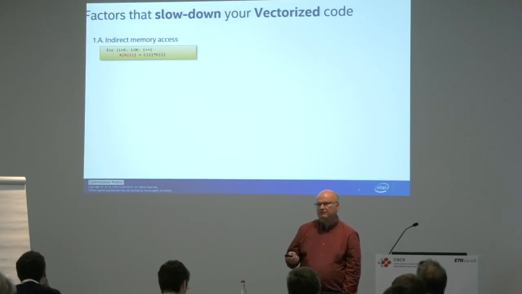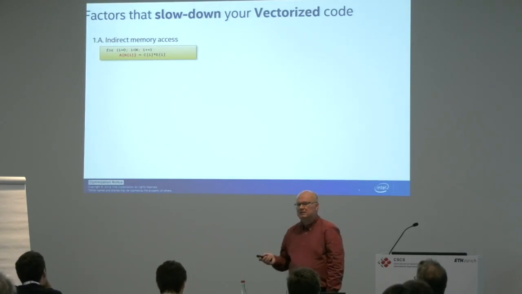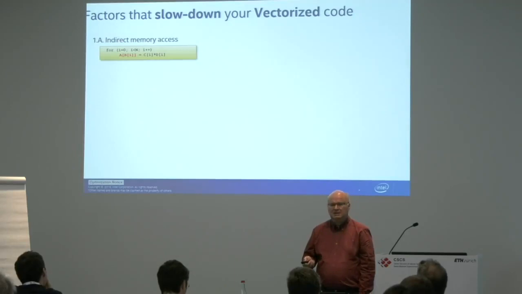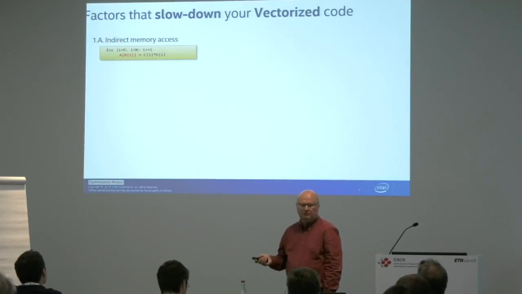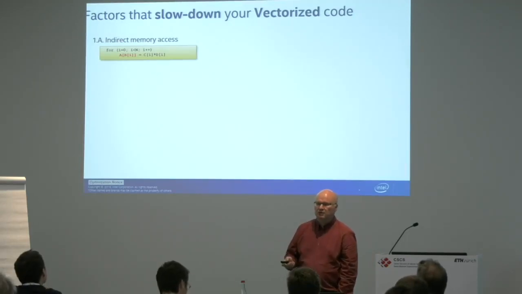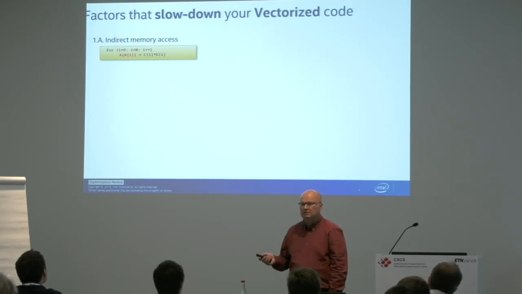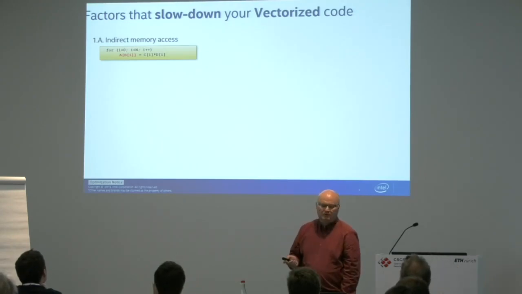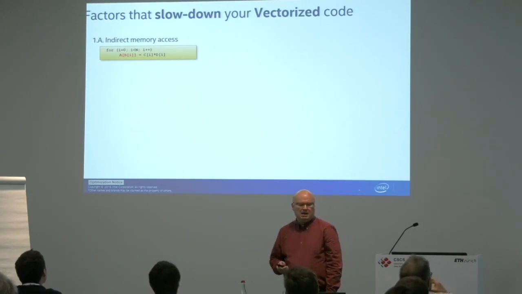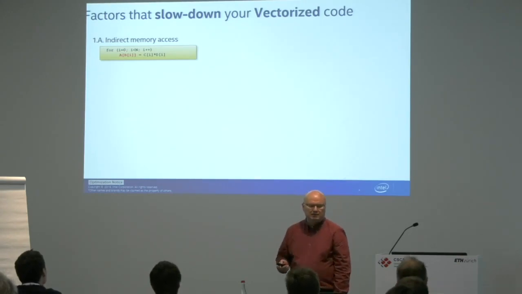So the cost of indirect addressing was sometimes only a factor of 2. But here it's most of the time much more than a factor of 2 to the peak performance. So you could always even gain half of the peak with indirect addressing on a Cray machine at that time. But this is more impacting now.